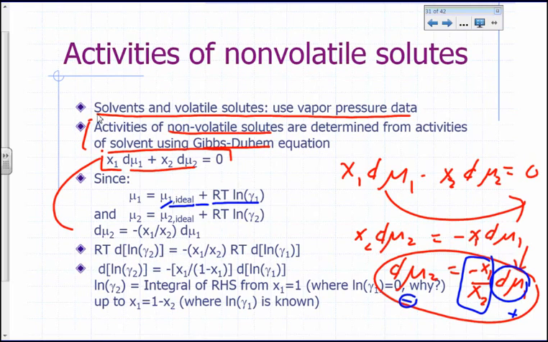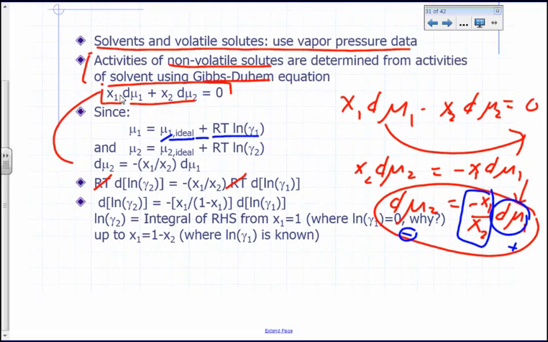First of all, you can cancel RT, so this ends up giving us d ln gamma 2 equals negative x1 over x2 d ln gamma 1, and x2 is just 1 minus x1. So the strategy then is this. You can determine gamma 1 for the solvent, so we're going to call component 1 our solvent.